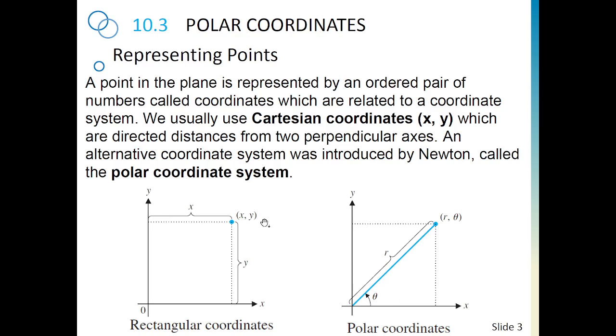So rectangular or Cartesian coordinates x and y are the distances from the y-axis and x-axis, while in polar coordinates the first coordinate is the distance between the point and the origin, and the second coordinate is the angle that the ray makes with the x-axis. So that's the difference, and obviously there is a link between x, y and r, theta, and we will see that.